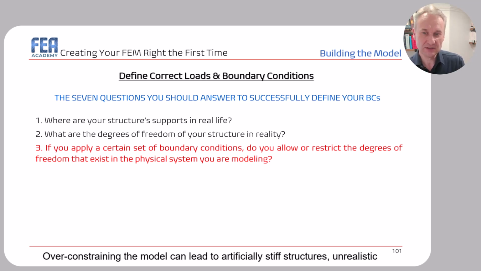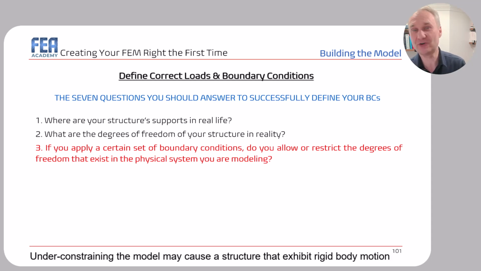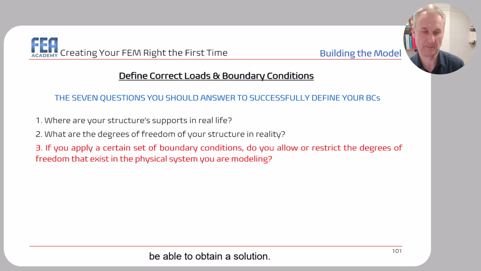Over-constraining the model can lead to artificially stiff structures, unrealistic stress concentrations, and an incorrect load path. On the other hand, under-constraining the model may cause a structure that exhibits rigid body motion, leading to solver errors, such as singular matrices in implicit solvers. So you won't be able to obtain a solution.